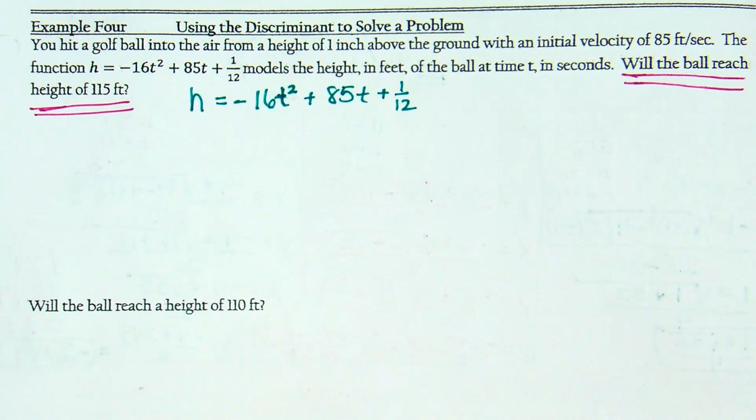What do I have to do with that 115? Put it in for H. Okay, because right now we just have a generic equation. We specifically want 115. So 115 equals negative 16t squared plus 85t plus 112.